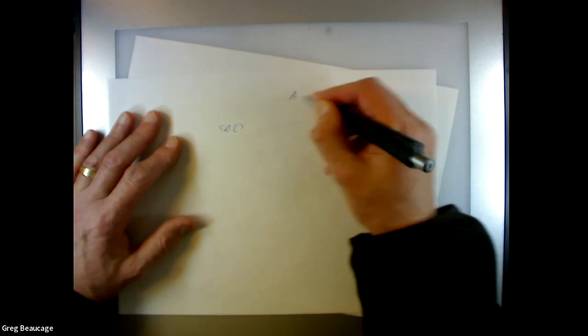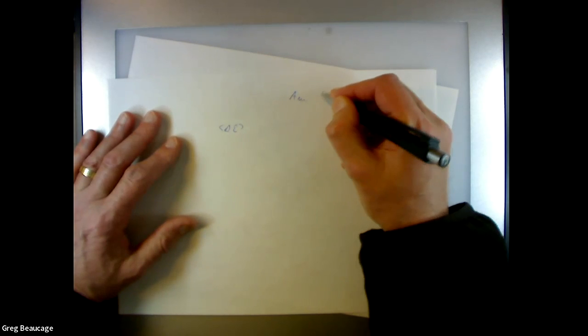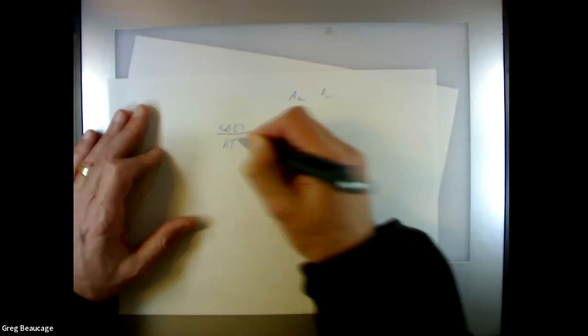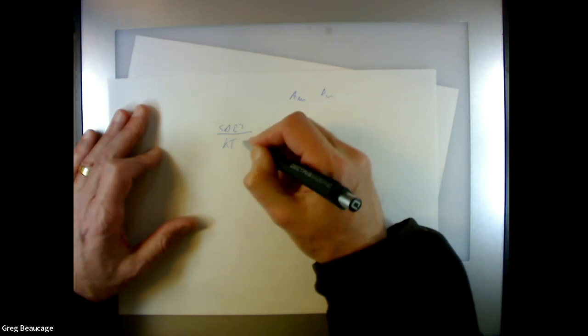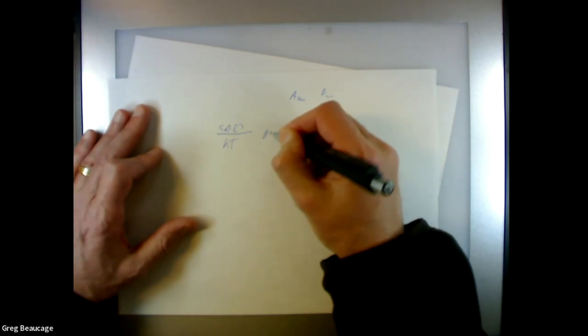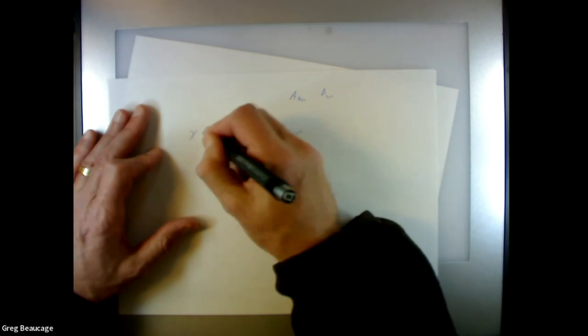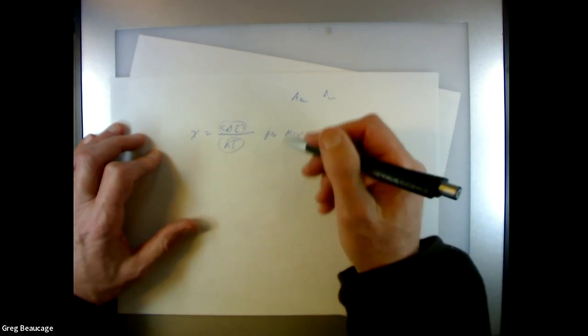So mixing of an A unit monomer with a B monomer, kind of the average energy of that. You can normalize that by kT, per monomer. You can define this chi parameter like the average energy per monomer per kT.